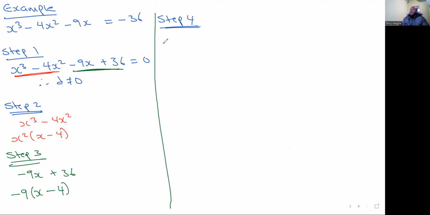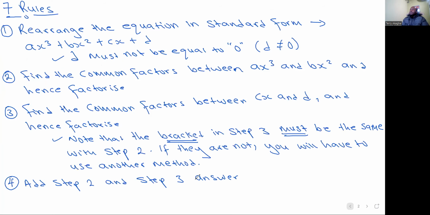So step 2, we have x squared times x minus 4 plus minus 9 times x minus 4. Now, plus times minus will give you minus, so it's going to give you x squared times x minus 4 minus 9 times x minus 4. Now, I made a mention here in step 3 that the brackets in step 2 and 3 must be the same.